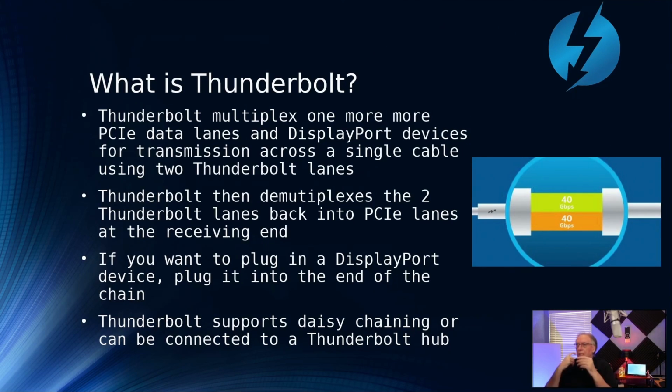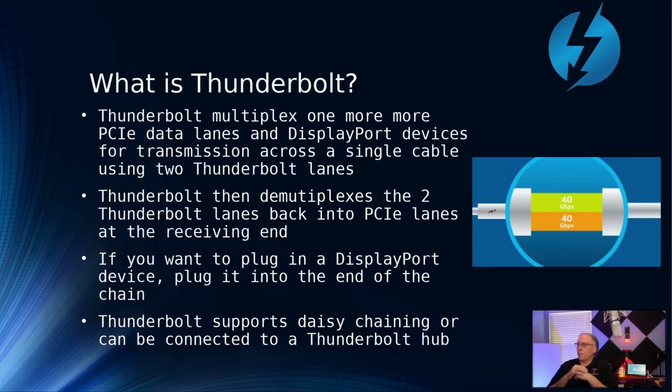So Thunderbolt itself is pretty simple. But if you want to plug in a DisplayPort device directly, you just plug in your mini DisplayPort into the end of the chain on Thunderbolt 2. You just plug it into the end of the chain and you're done. I mean, that's all you do, and it'll work.